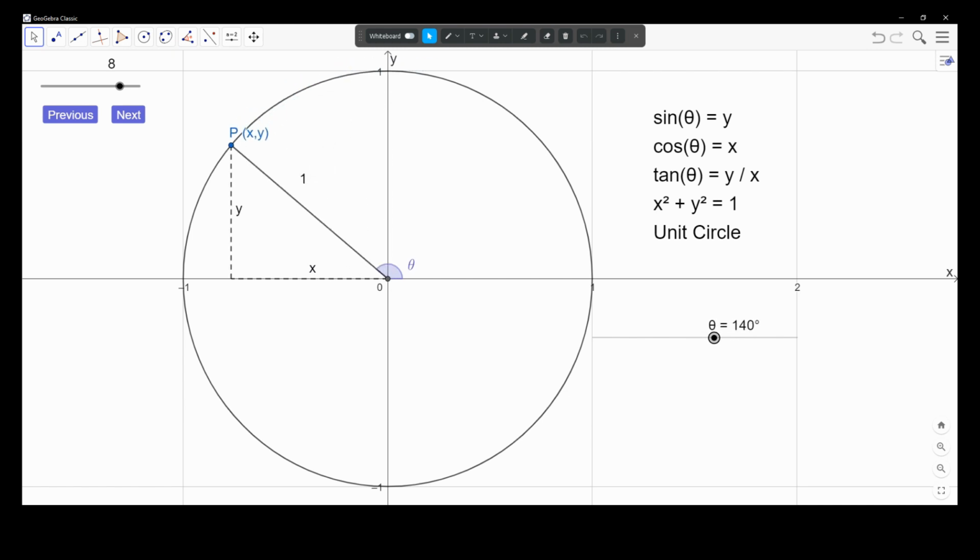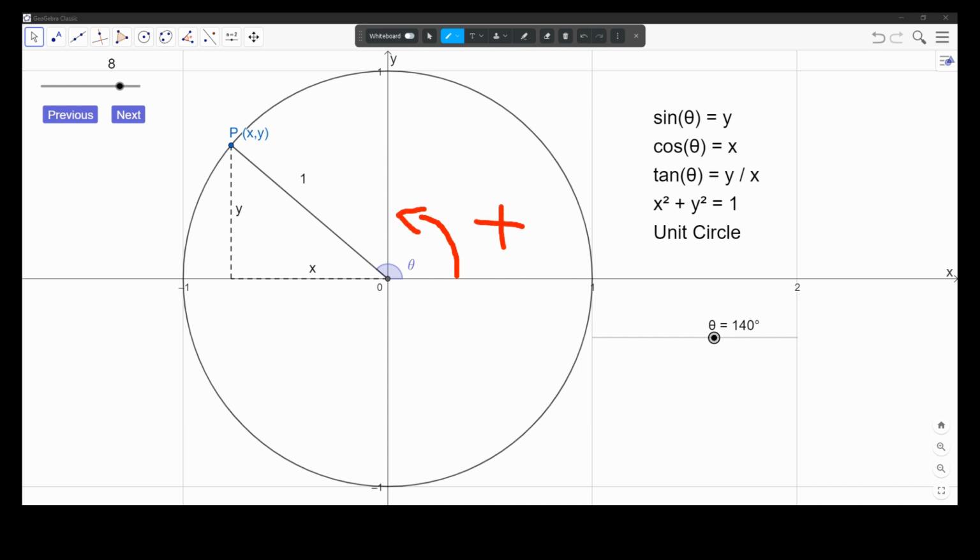Or what if the angle is greater than 90 degrees? So this allows us to expand our definition of the angle theta. And this is usually done in the context of a particular convention. The convention is that if measured counterclockwise, the angle theta has a positive value.